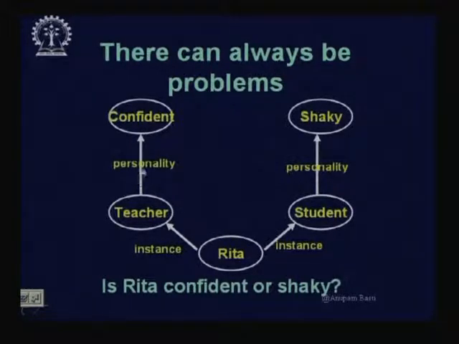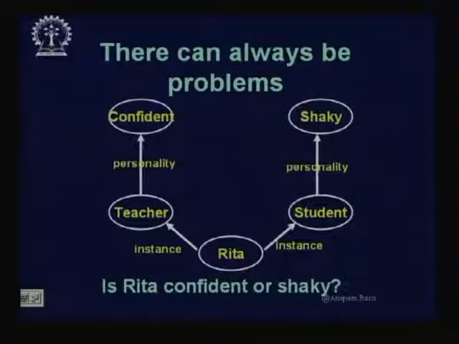Now, the personality of Rita is confident when she is a teacher in the class, but rather shaky when she is a student. Now, if we have to answer the question, is Rita confident or shaky, it is really difficult, because the path length will not lead us anywhere. We are getting two different answers at the same distance. So, that problem will remain. This is one of the problems of semantic nets.